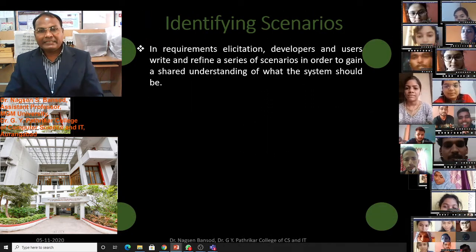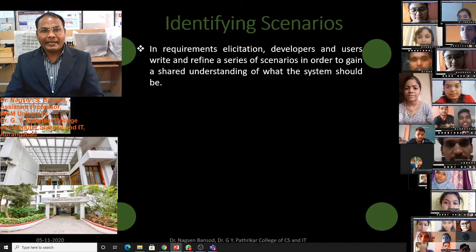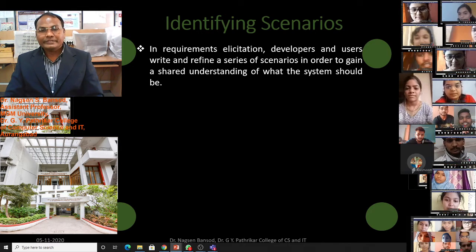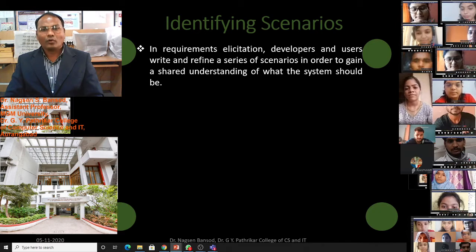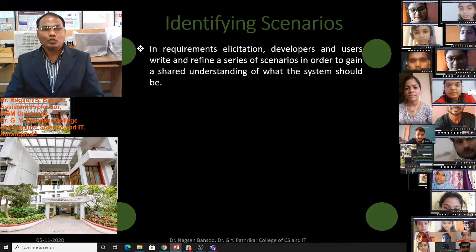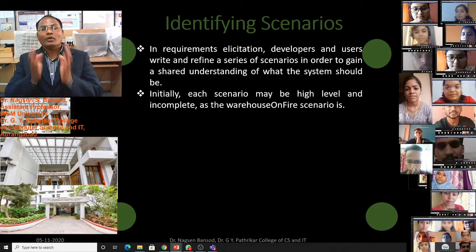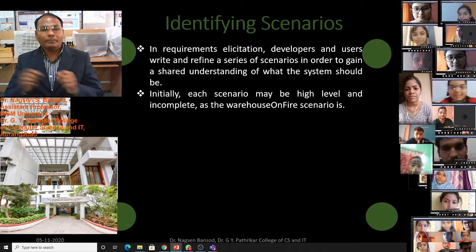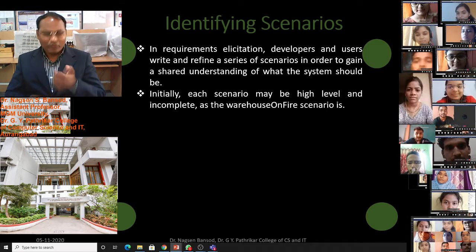In requirement elicitation, developers and users write and refine a series of scenarios in order to gain a shared understanding of what the system should be. Initially, each scenario may be high level and incomplete, as the warehouse on fire scenario is.